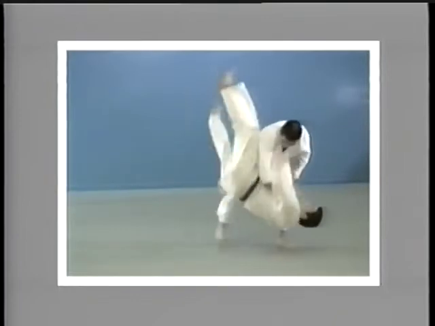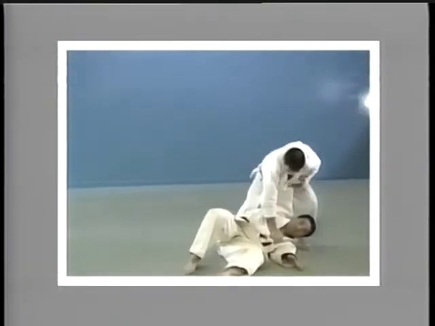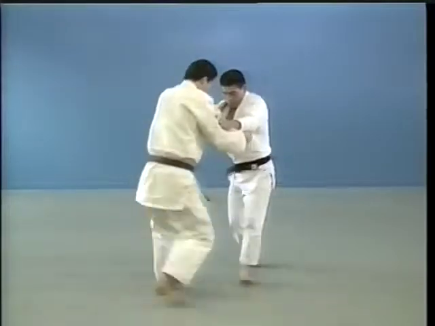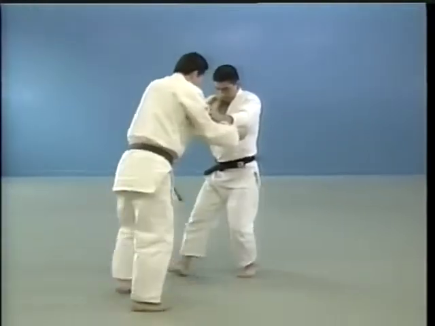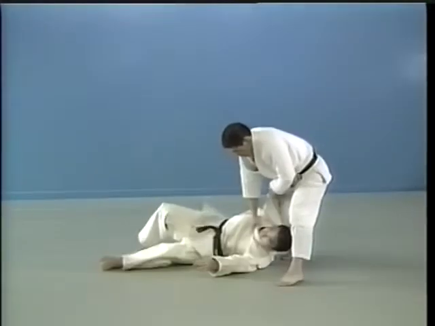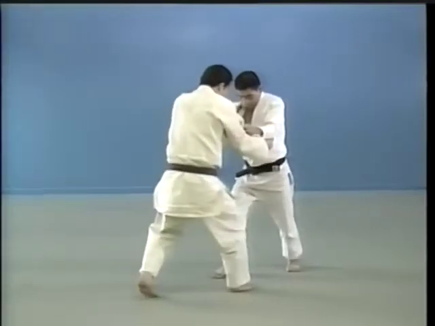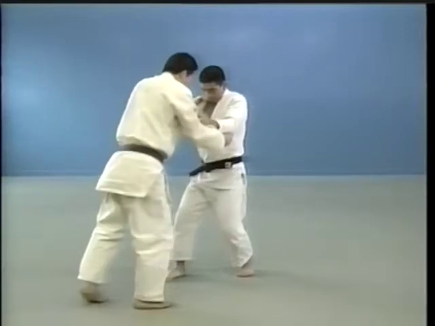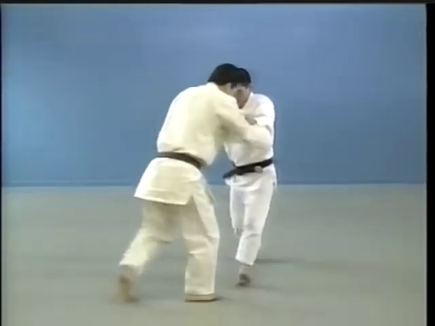Uchimata-sukashi. When your opponent attacks with Uchimata, you move your right foot back, turn and twist. The opponent, losing his target, will only hit empty air and fall, drawing a large arc as he does so.